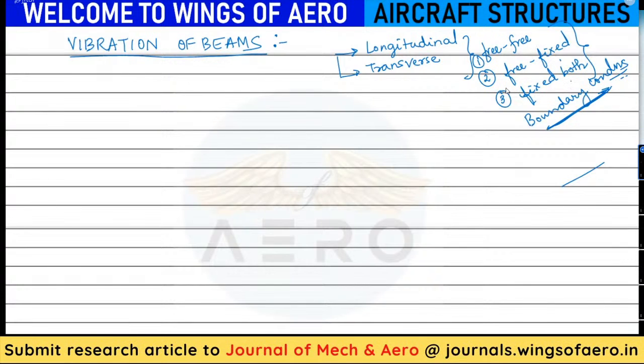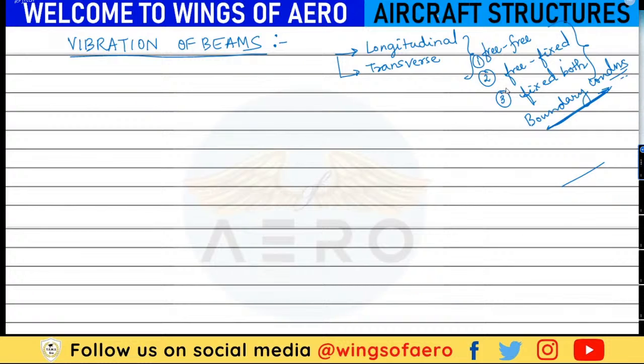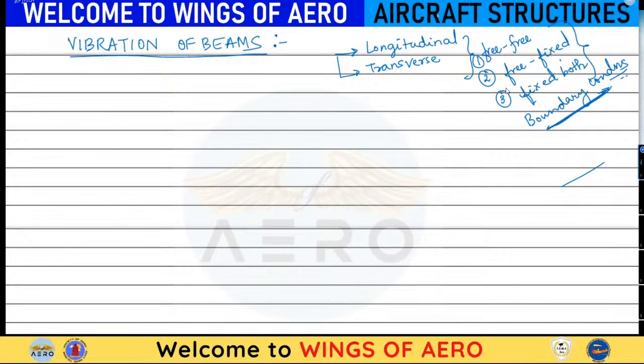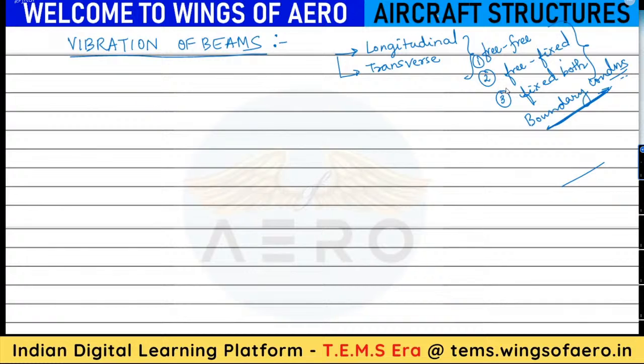Okay, fine. So here we will have two kinds of vibration of beams. The first of all will be the longitudinal vibration of beam, and the second one will be the transverse. They might not ask you a direct question about the transverse.